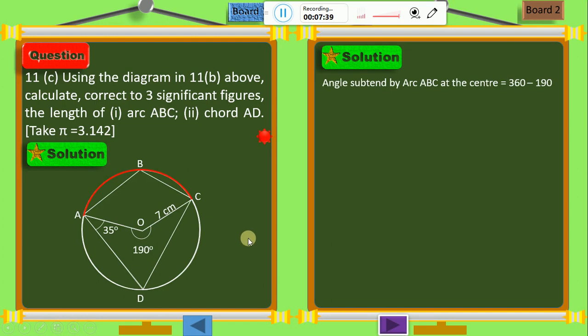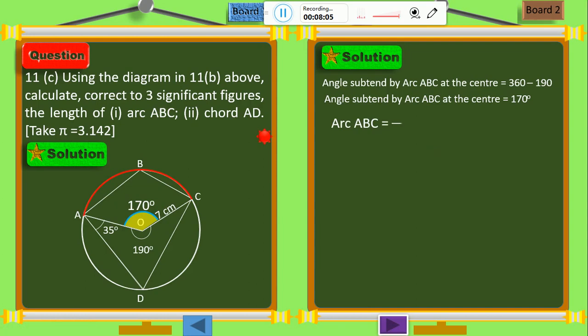Angle subtended by an arc at the center is equal to 360 minus 190 degrees. You can see it here, 360 at the center minus 190 degrees will give us the opposite angle subtended by this arc at the center. Angle subtended by the arc ABC at the center is equal to 170 degrees by our calculations, and that's the angle that is highlighted at this point now.